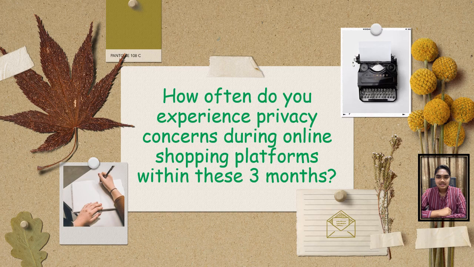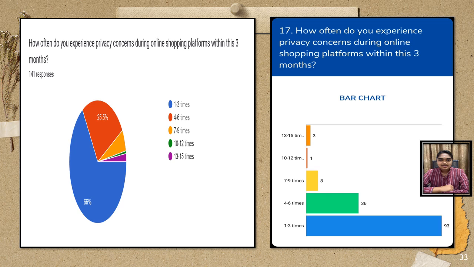Clearly, this is a type of quantitative question. These are the pie chart and bar chart from the question, and we can clearly see that 1 to 3 times is the option most of the students answered in the Google Form.